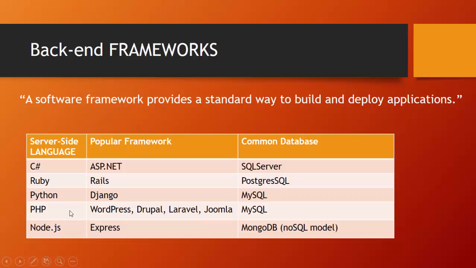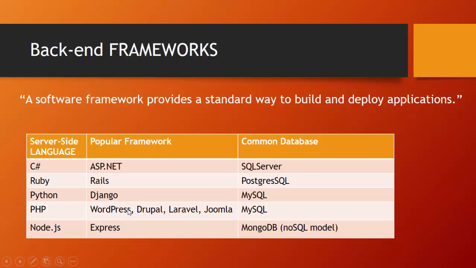Then there's PHP, which is the most popular backend programming language, and that's the one I'd recommend that you learn first when you go to the server side. There are many different popular, robust frameworks. WordPress is a framework. Some people call it a CMS, a content management system, because it goes so much further beyond just organizing your code.